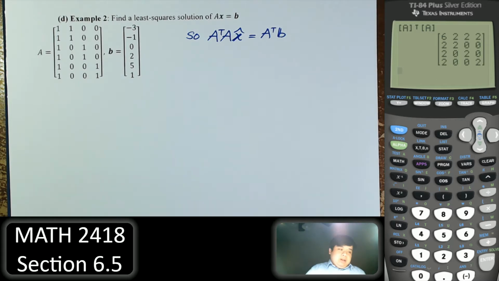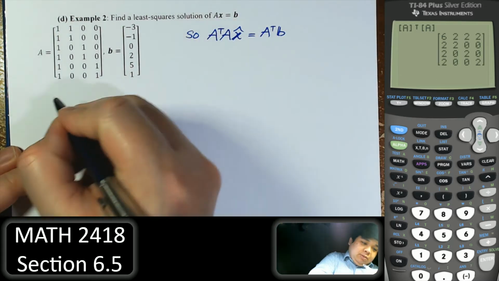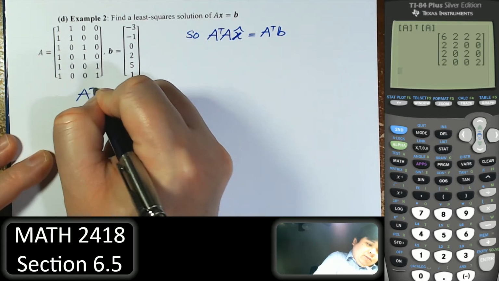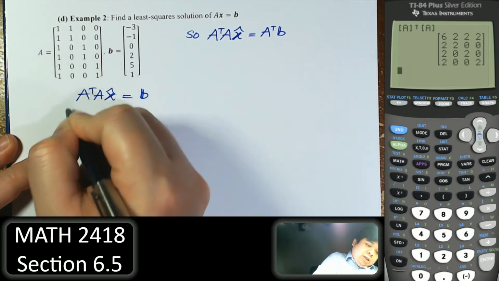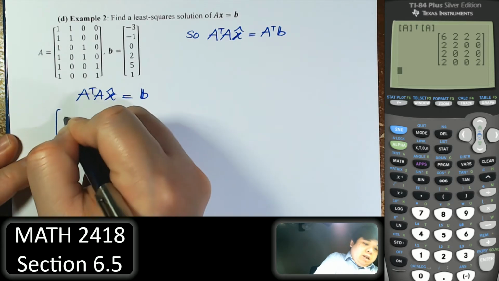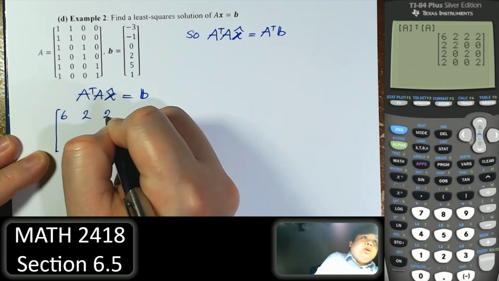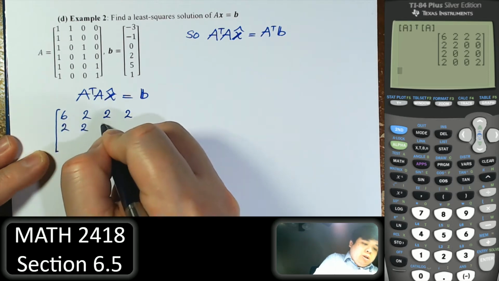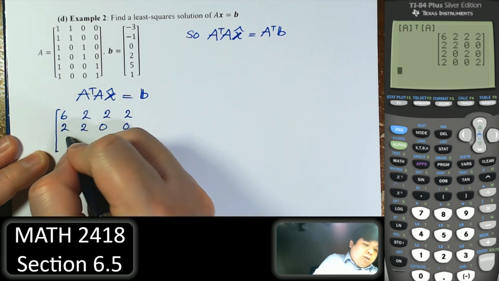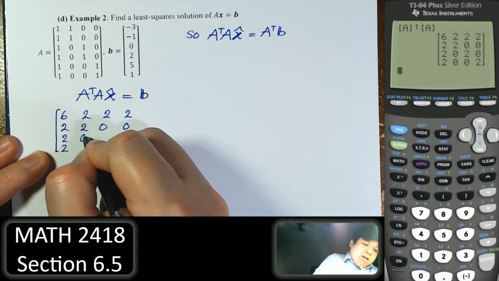Right, so A times A transpose. A transpose is 6, 2, 2, and 2, 2, 2, 0, 0. I also see the pattern here.